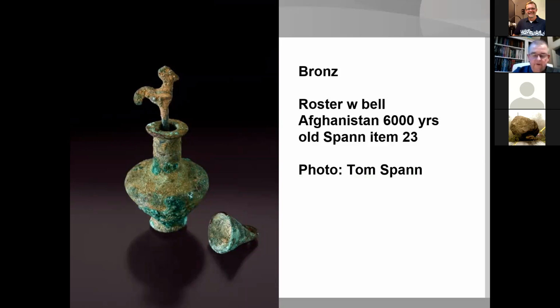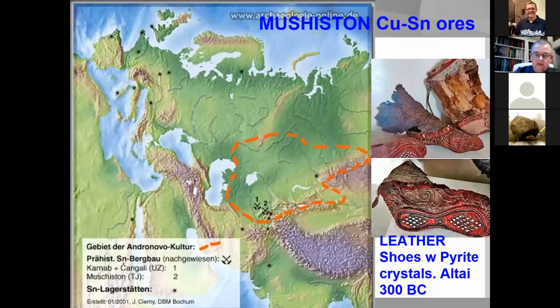So we know very well this area of Uzbekistan and Tajikistan was a very early development of the bronze culture. And they had several mines, and we will have a look at one map here, Andronovo culture and the prehistorical mines number 1 and 2. Mushistan is one of them. To the right, I just put in the Altai Mountains.